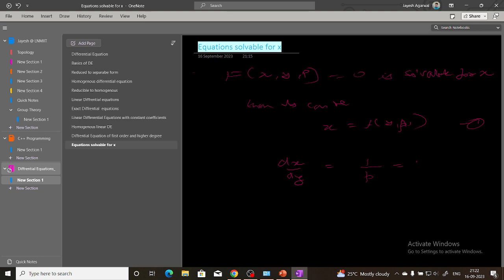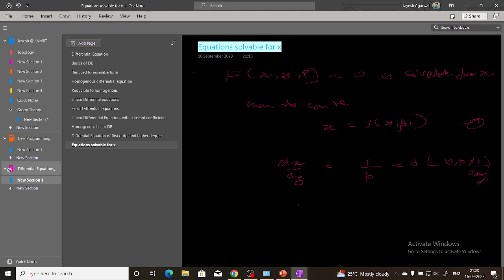So 1 upon p is equal to phi of y comma p comma dp by dy, because we are differentiating with respect to y.